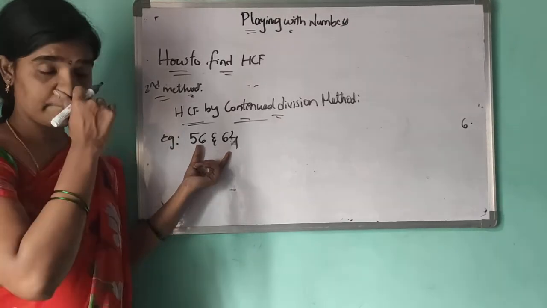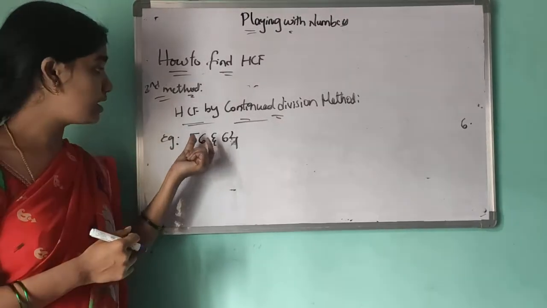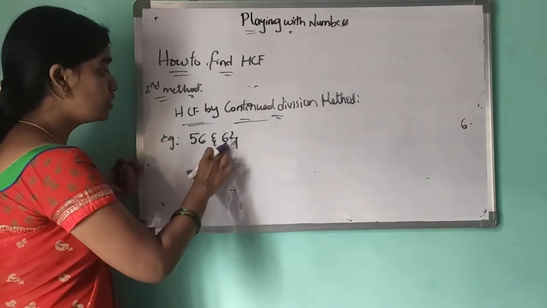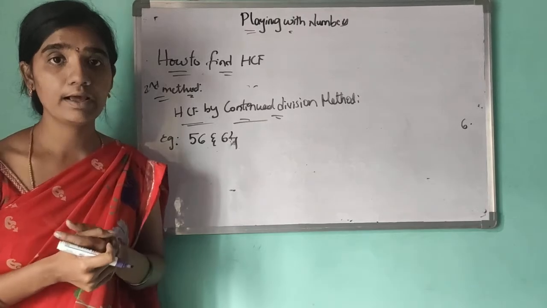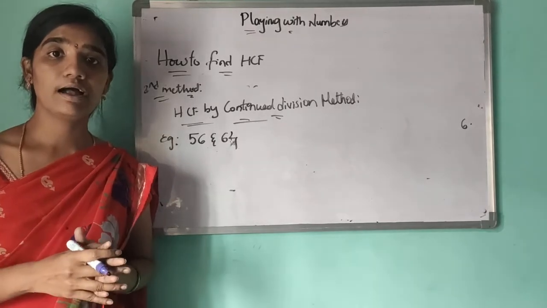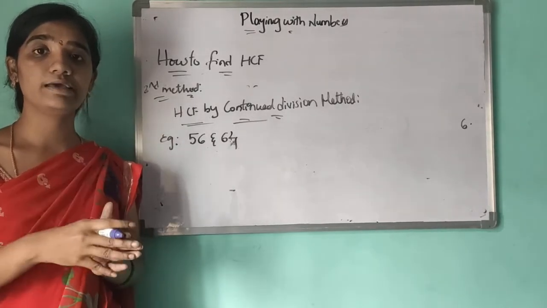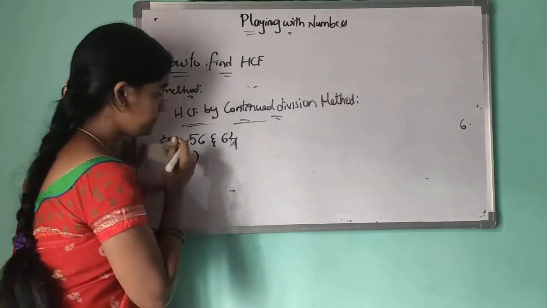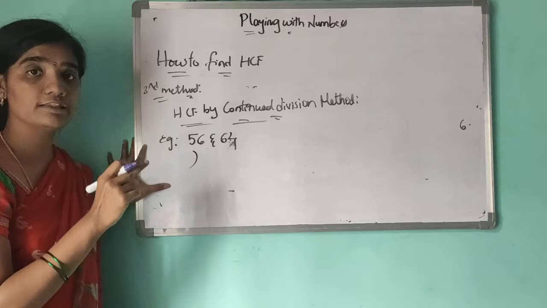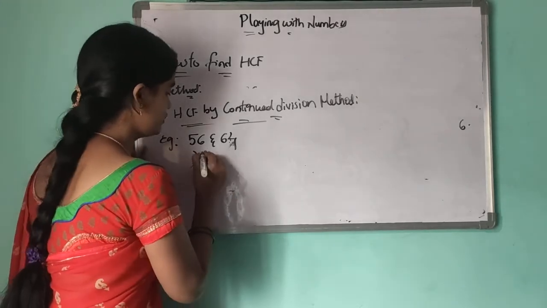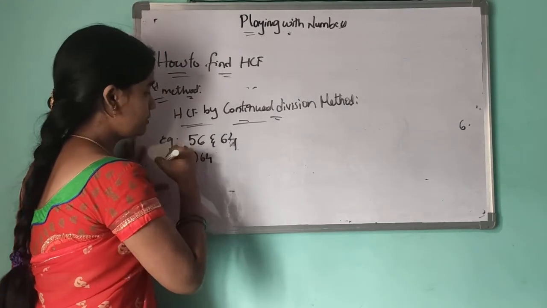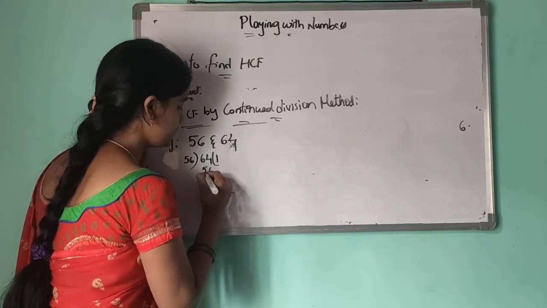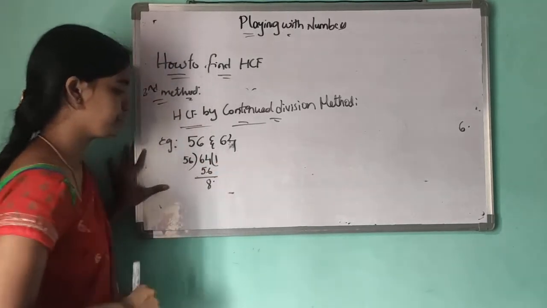In this, we divide the larger number by the smaller number, and then divide the previous divisor by the remainder until the remainder is 0. The larger number is 64 and the smaller number is 56. 56 goes into 64 once, and the remainder is 8.